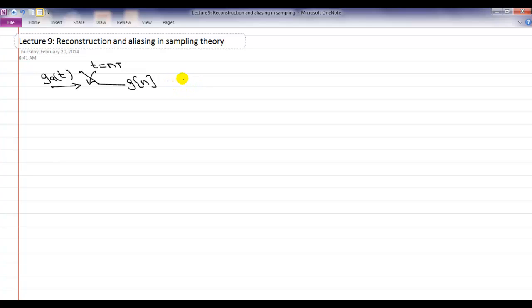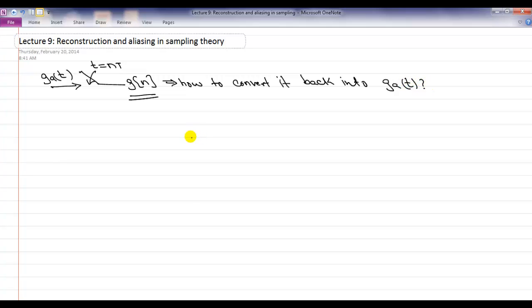What we are interested in finding out now is, once you are given the sequence, so you are given a song in MP3 or WAV file, which is all samples of this continuous time signal, how to convert it back into Ga(t).